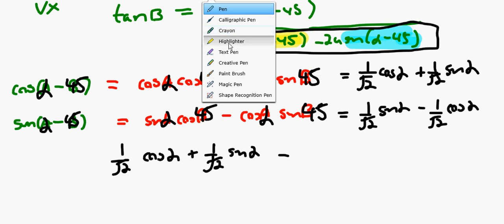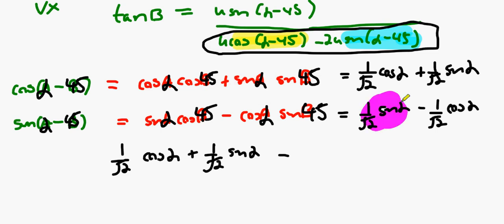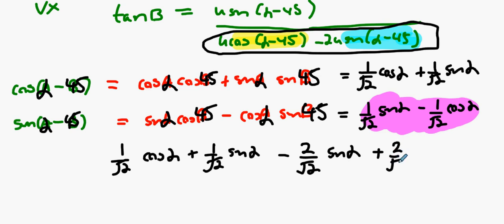So this part in pink, I'm going to multiply all that by minus 2. And what we're going to get is minus 2 over root 2 sin alpha and plus 2 over root 2 cos alpha. Right, what should happen is I should get 3 over root 2 cos alpha.